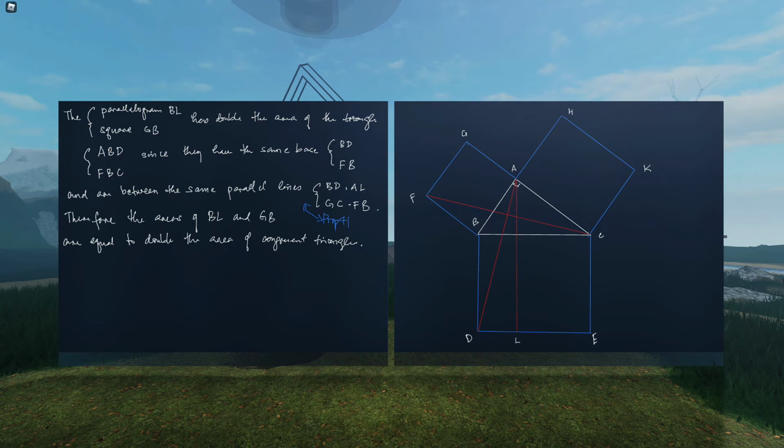So since double of equal things are equal, the areas of BL and GB are equal.